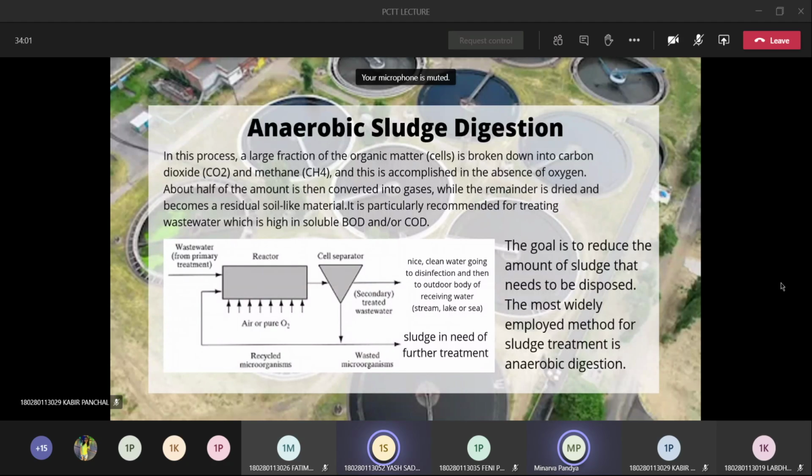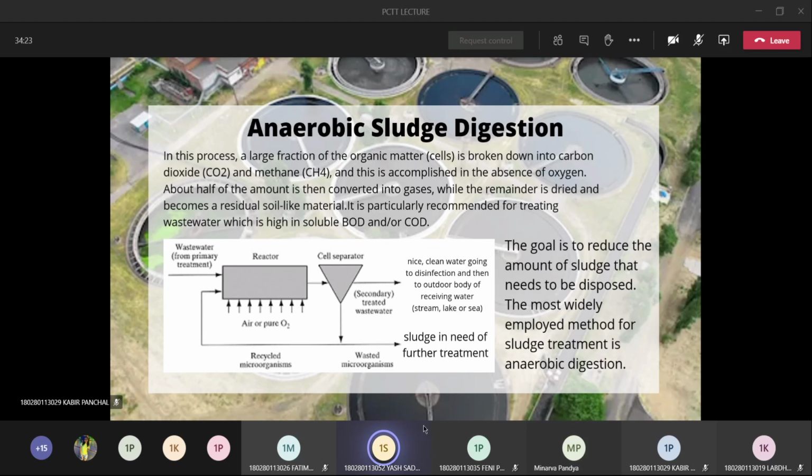So, as explained earlier, anaerobic sludge digestion is a process in which a large fraction of the organic matter is broken down into carbon dioxide and methane, and this is accomplished in the absence of oxygen. About half of the amount is converted into gas, and the remaining half is dried and becomes a residual soil-like material.